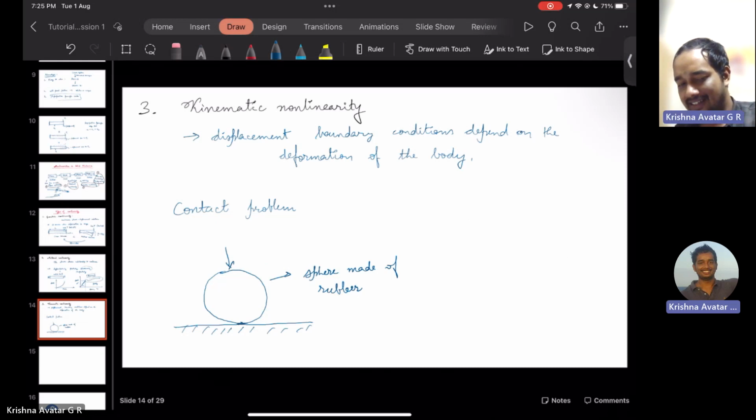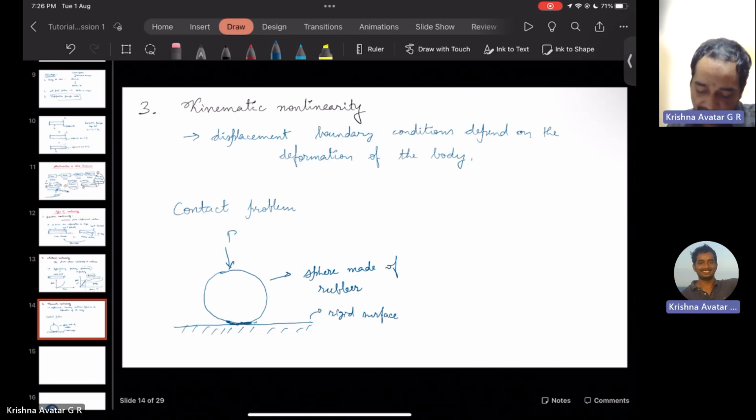Now you see something, right? As you're applying the load, this rubber sphere is getting deformed, and it's flattening out on this end. There was essentially just one point of the rubber which was in contact with the flat surface. I'll just call it a rigid surface.